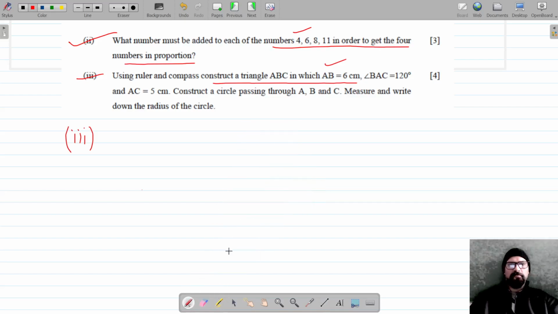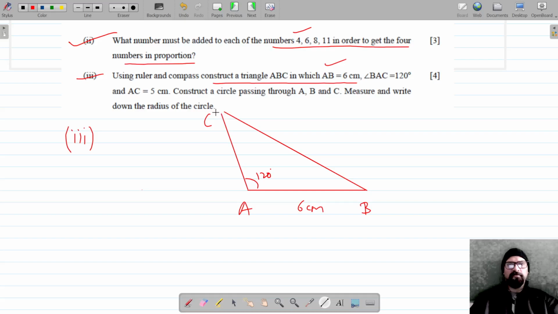First of all, AB is equal to 6 centimeter, then angle BAC, which is 120 degree, and then it's BC. So this is the rough sketch of the triangle, and AC is 5 centimeter.